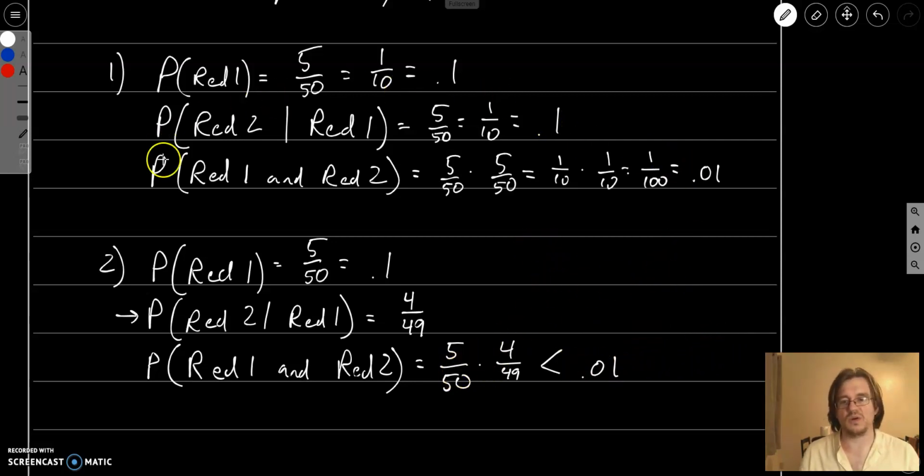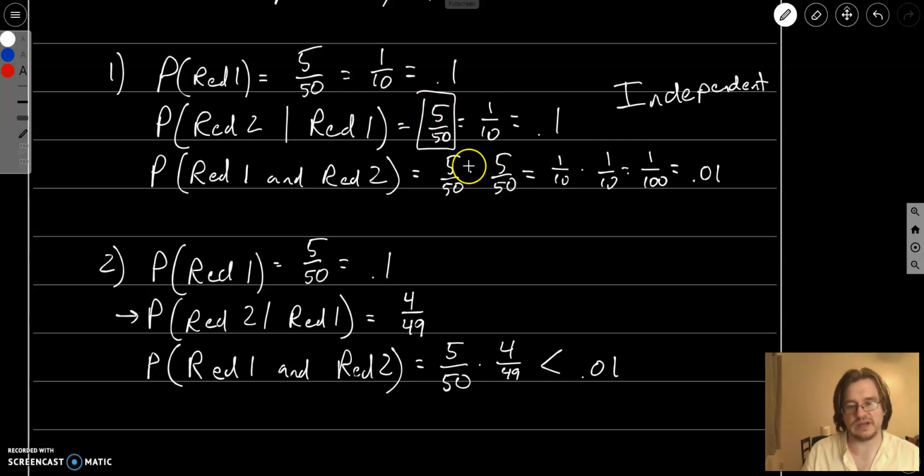So what happened here, we kind of noticed that drawing a red ball in the second go wasn't really affected by drawing a red ball in the first go when we replaced it. These guys are independent. Essentially, if you replace what you drew, or if you replace what you pulled out of the population, you've reset everything, and the probabilities haven't been affected.